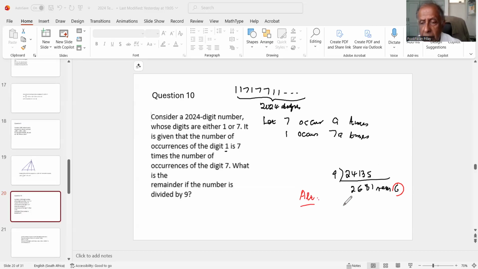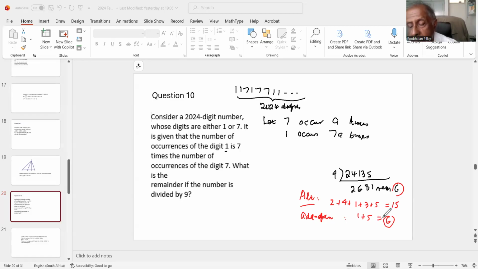The alternate way of getting the remainder is add all the numbers. You get 15. And add again. 1 plus 5, 6. And there's your answer.